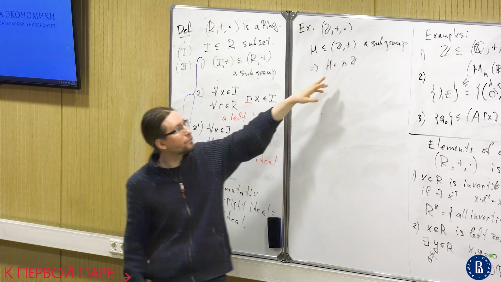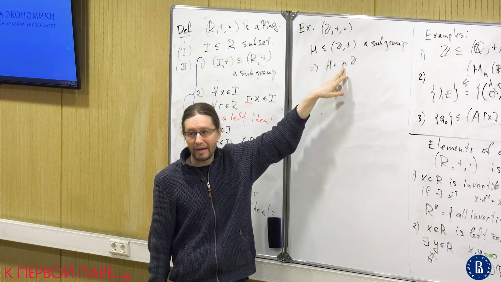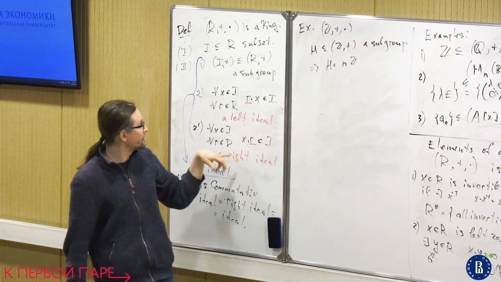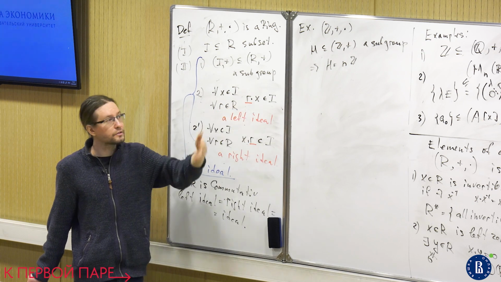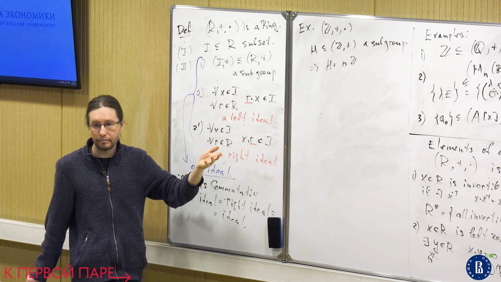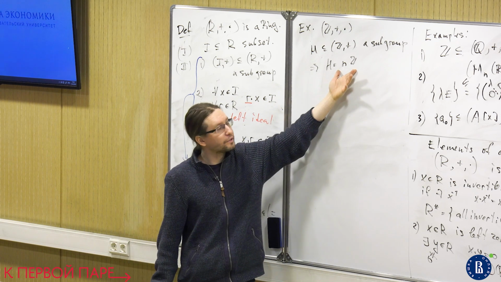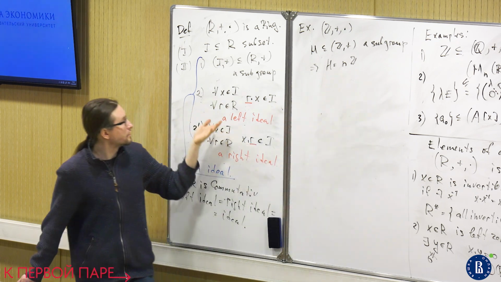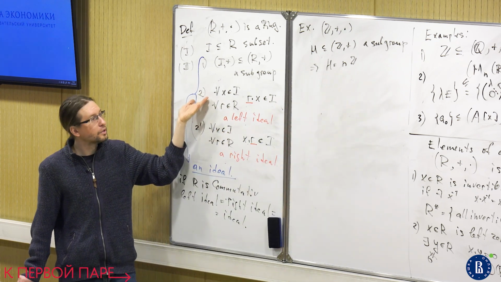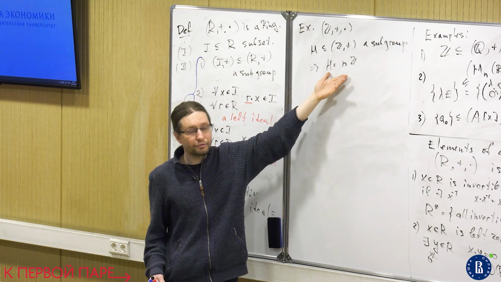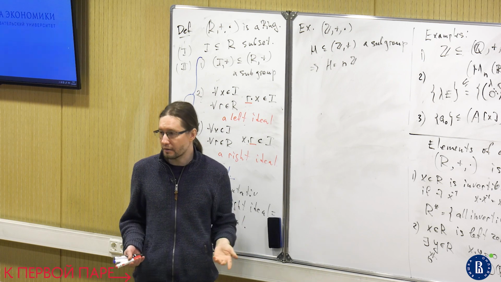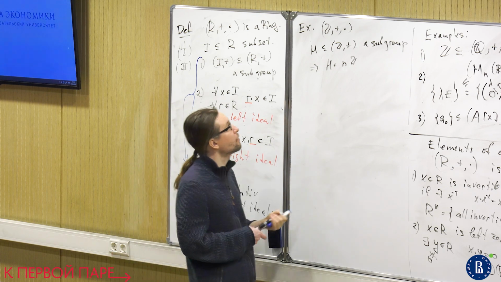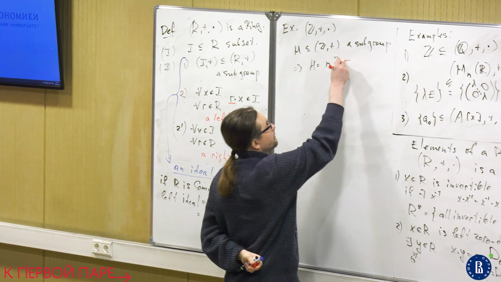Because if you are given a number which is divisible by n, and you multiply this number by anything, then the result is always also divisible by n. So every subgroup of this form satisfies property number 2, so every subgroup of this form is actually an ideal. And there are no other subgroups, so there are no other ideals. So these are all possible ideals.